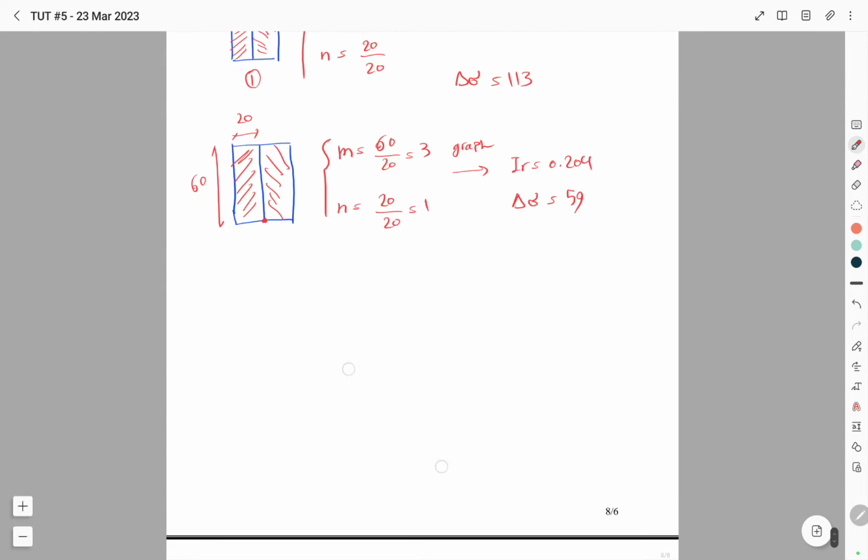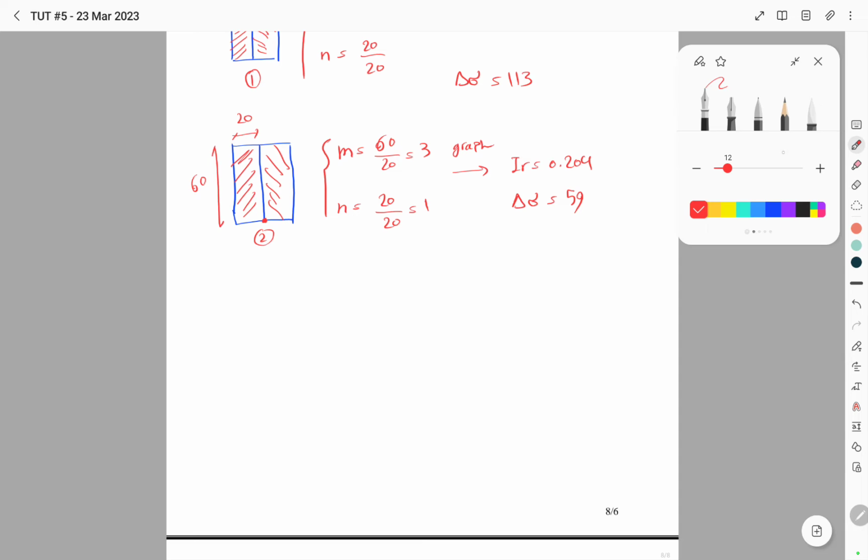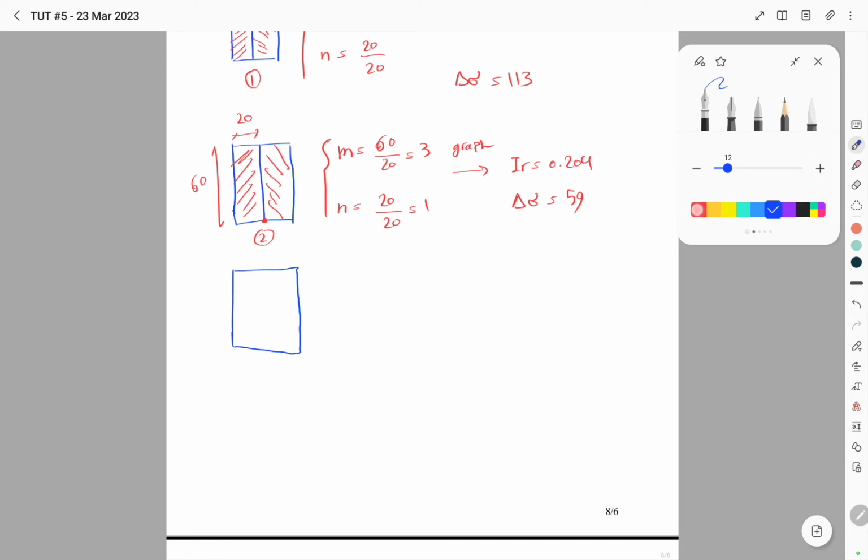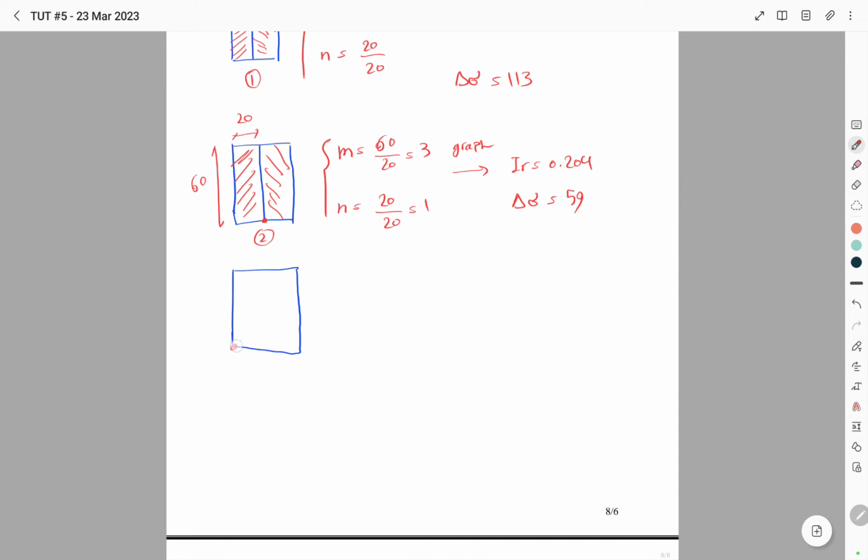For point 3, this is point 3. We only have one rectangle. This is 60, this is 40.